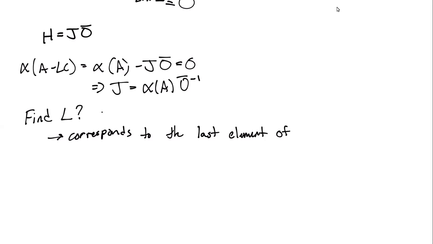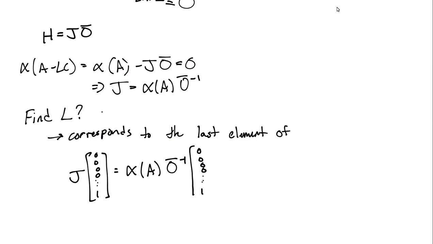So if we do that, let's come back down here. We have J, and let's multiply it on the right-hand side by a matrix 0, 0, 0, all the way down to 1. I don't need that many zeros, as long as the last value is 1. This will be equal to alpha of A times the observability matrix inverted, again multiplied by 0, 0, 0 down to 1.